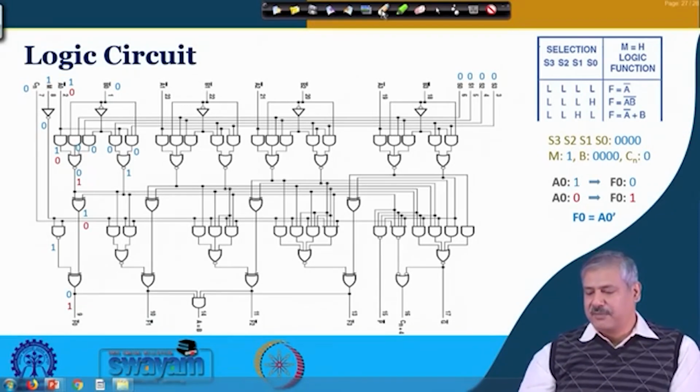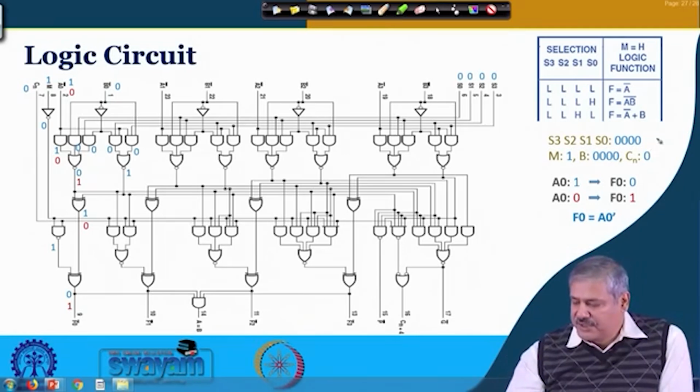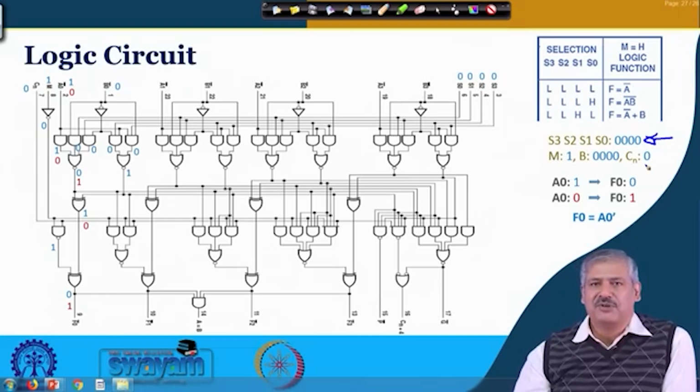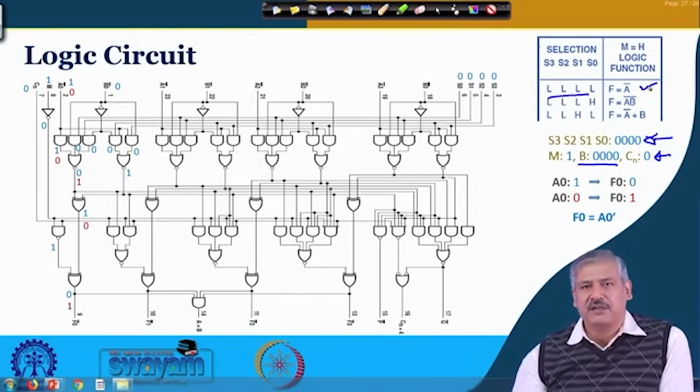We look at one example case where the selection input is all 0 and M is equal to 1. M equal to 1 means it is a logic function, and B is all zeros. Cn is also 0. So, if this is the case, 0 0 0 0, then what we expect is F equals A prime. This is a complement operation.